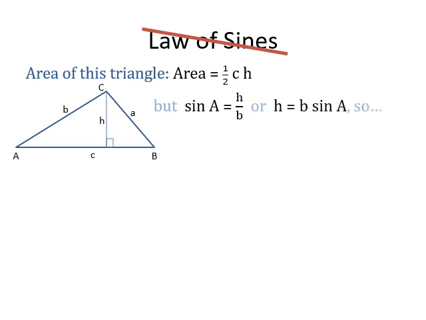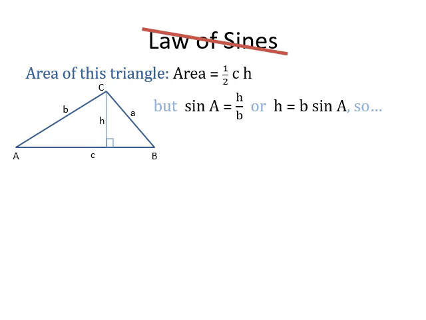However, with that height h in there, it creates a right triangle on the left-hand side. So we know that the sine of that angle, big A, is equal to h opposite over hypotenuse b, h over b. I could do a little bit of algebra: sine A is equal to h over b.